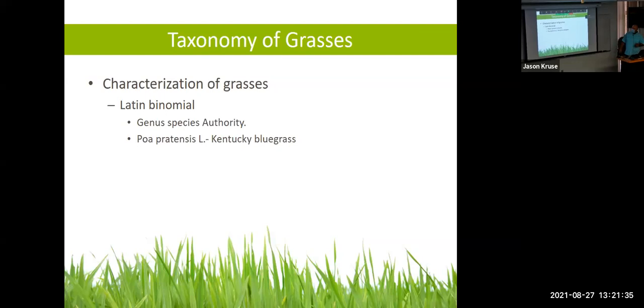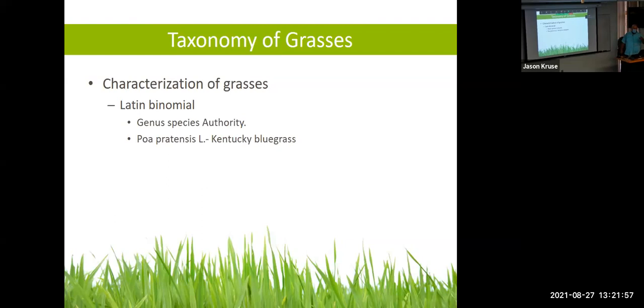From a naming convention, I'm going to tell you the scientific names for the grasses. What is the importance of knowing the scientific name for a grass? Identification, so you're able to communicate with people what it is. Right, and more specifically, when does that become important?